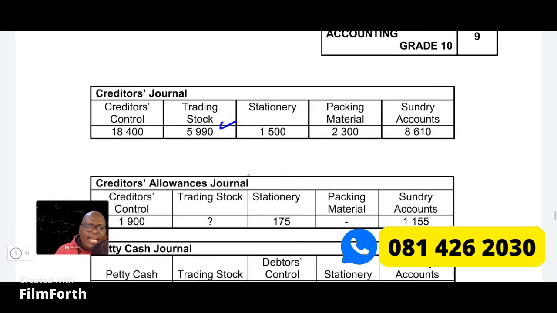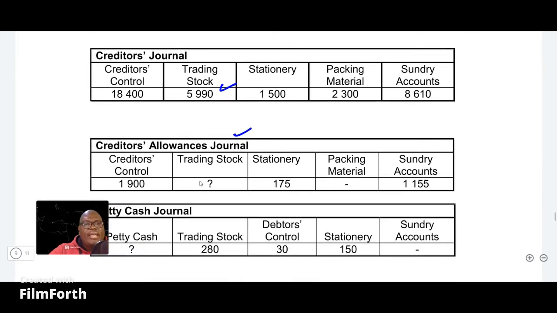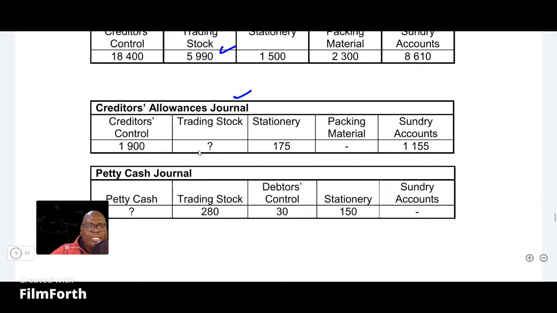The next item here is from the creditors allowance journal. Remember, creditors allowance journal is when we are taking our stock, when we are taking our things back to the supplier. So we need to ask ourselves what is happening here. So we normally debit creditors control because we are returning things back to the supplier, right?